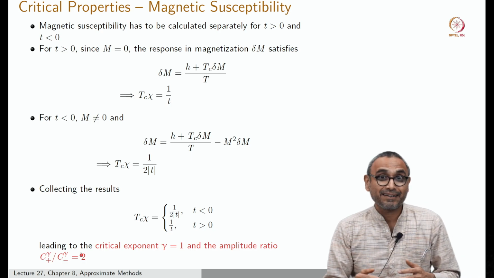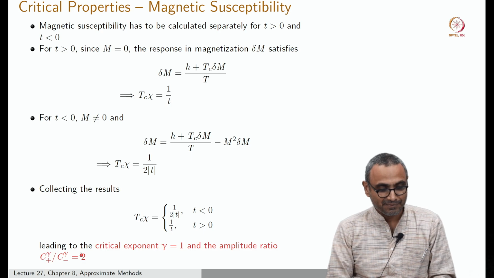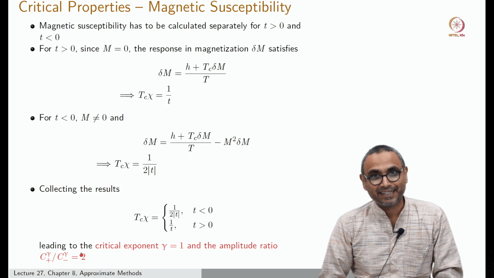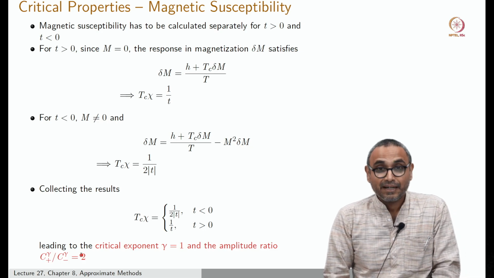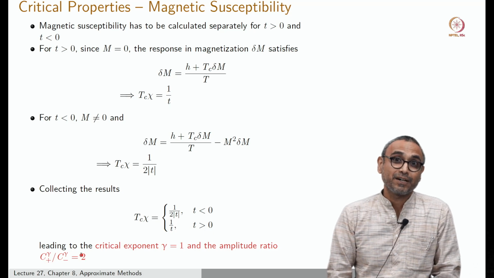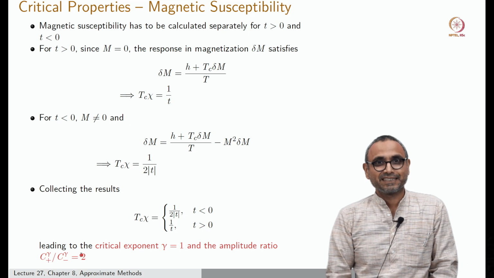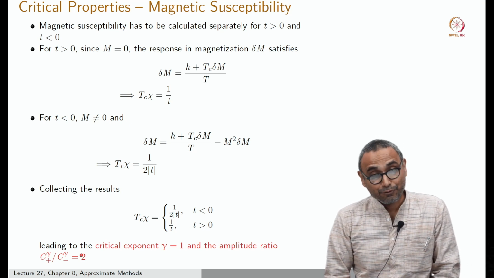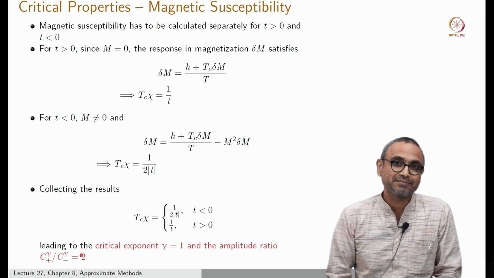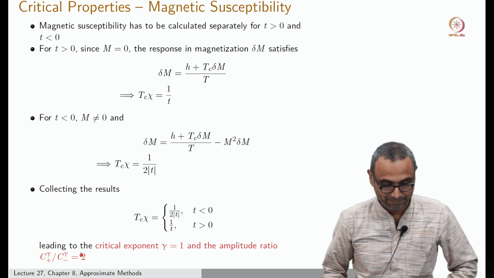So this number is also a characteristic of the phase transition. Now of course we have pulled off a critical exponent from this calculation, but again I would draw your attention to the fact that when we worked out the van der Waals gas within the approximations that we made, we again found that gamma was equal to 1. So now we are seeing that there is a connection to the van der Waals gas as well.